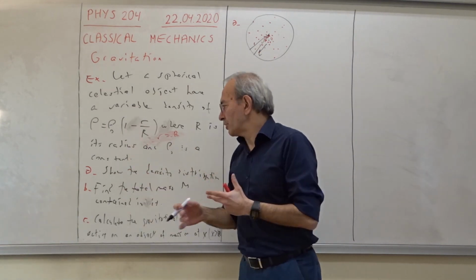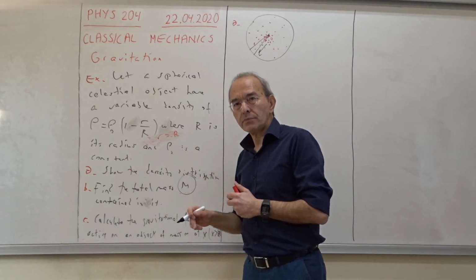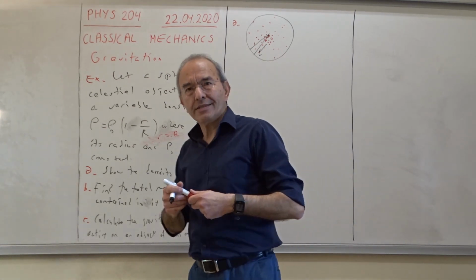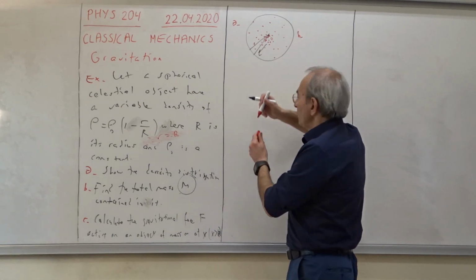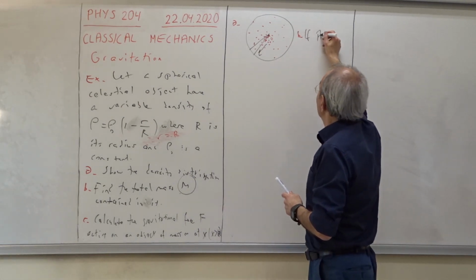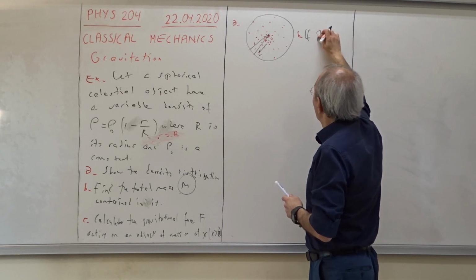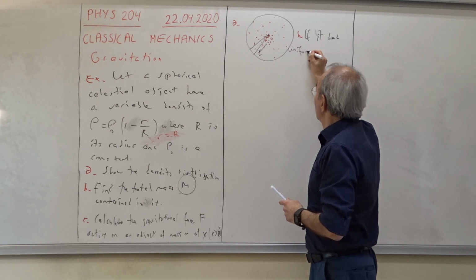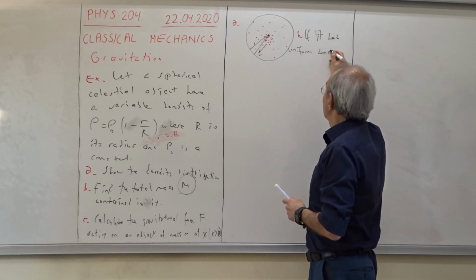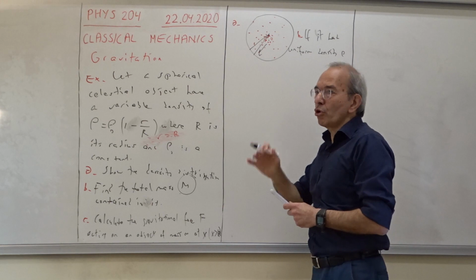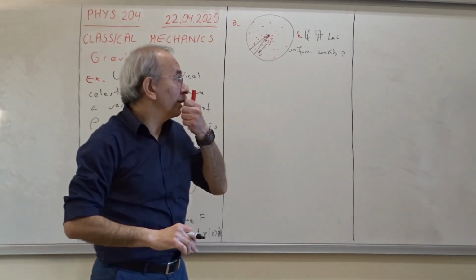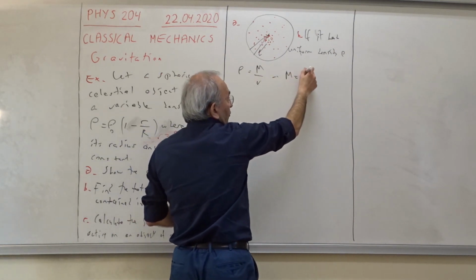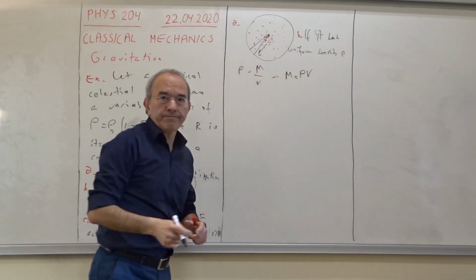Part B is a calculation. Find the total mass. Of course, if it were a uniform density, such as just rho without any index, then rho is equal to mass over volume, and mass would be found by just multiplying rho and volume.